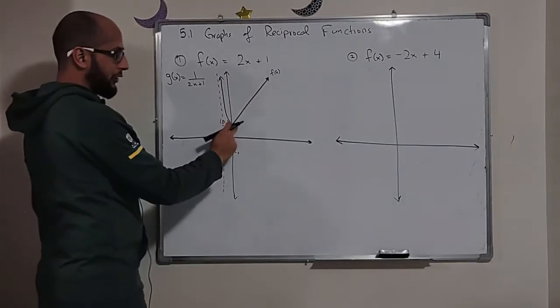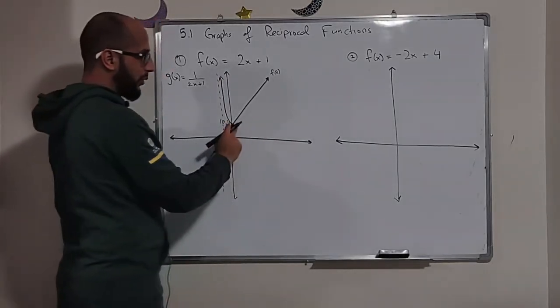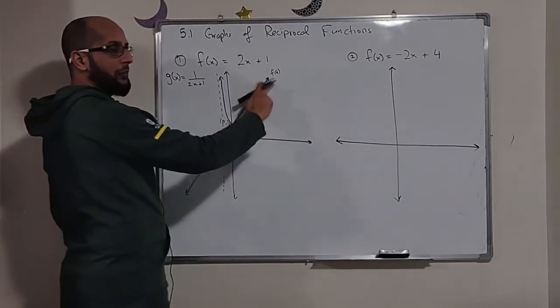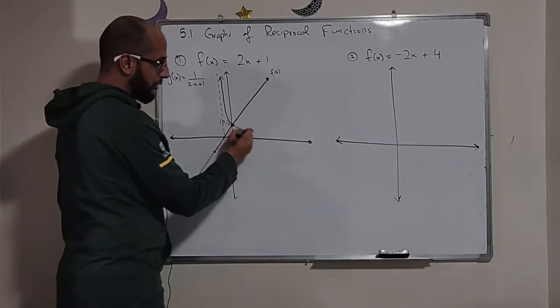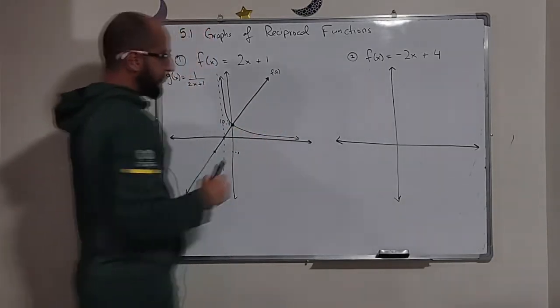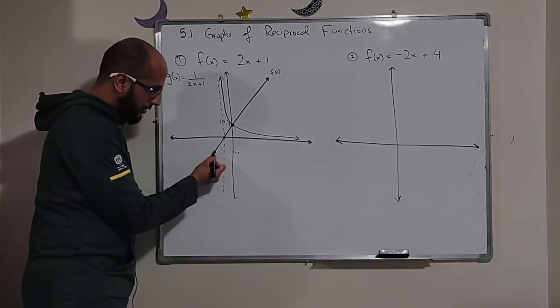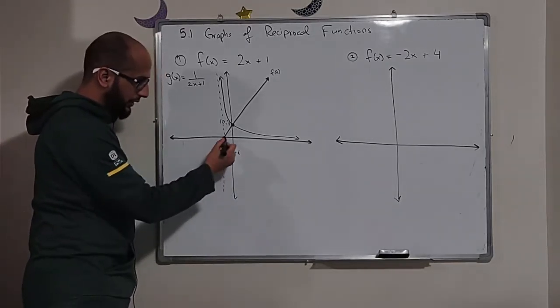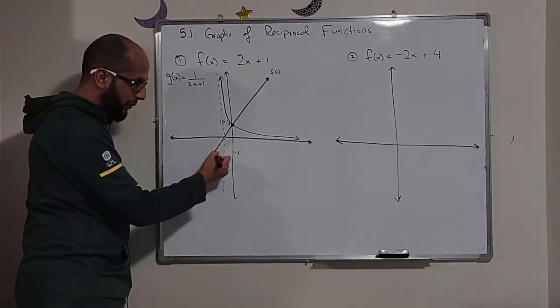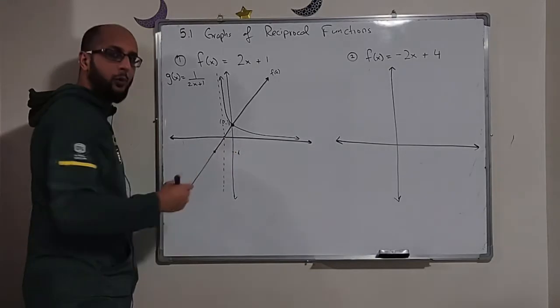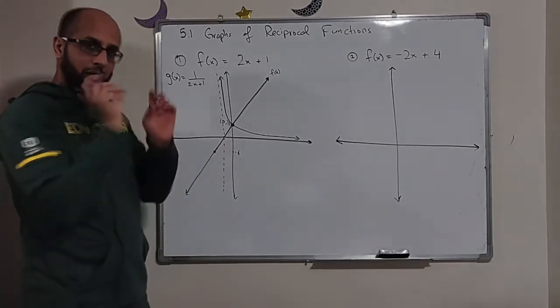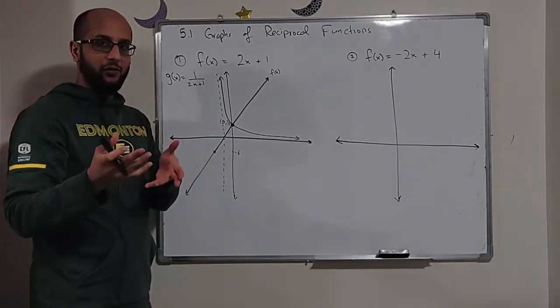And if I take values beyond this y equals 1, my graph is going up, so the reciprocal will be going down. And the same would apply here. Between this y equals negative 1 and this y equals 0, the y values are all going to be decimals between 0 and negative 1.